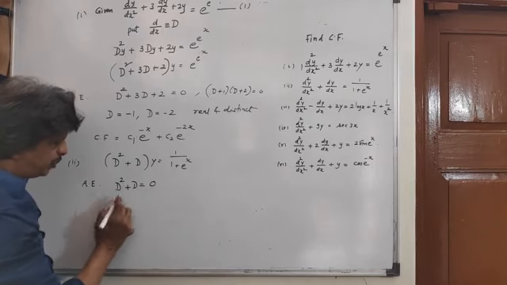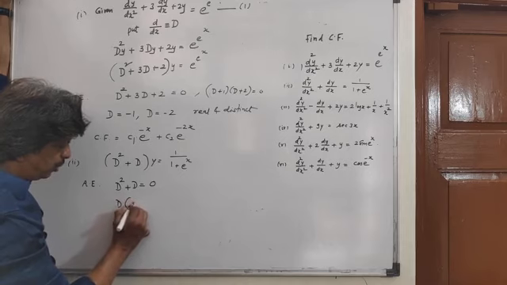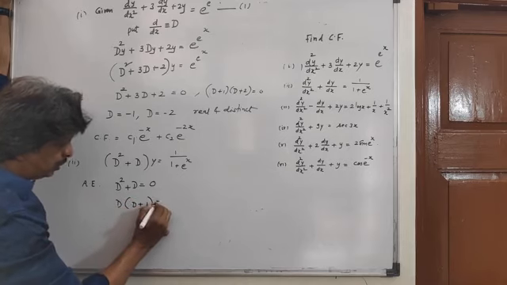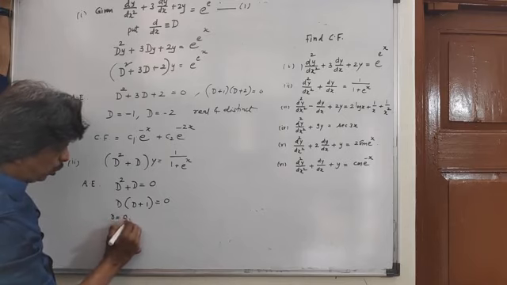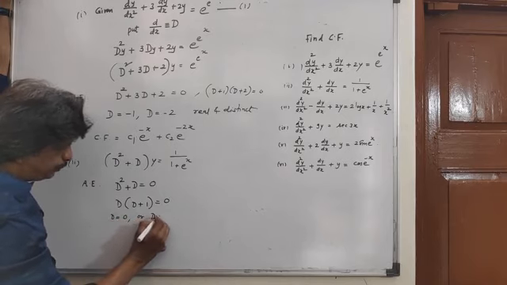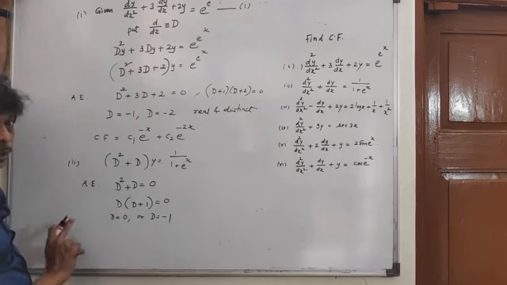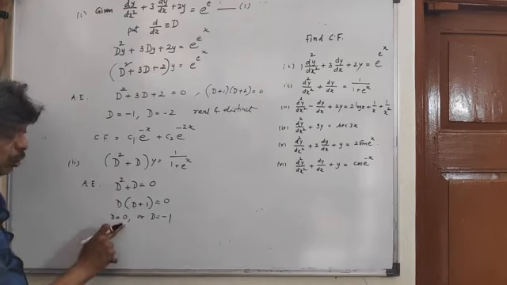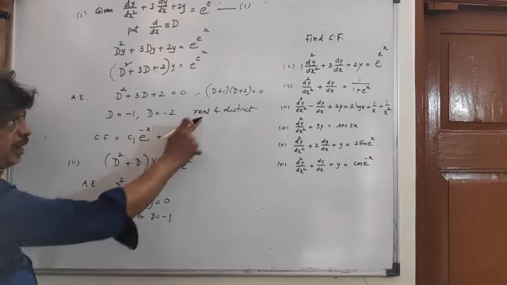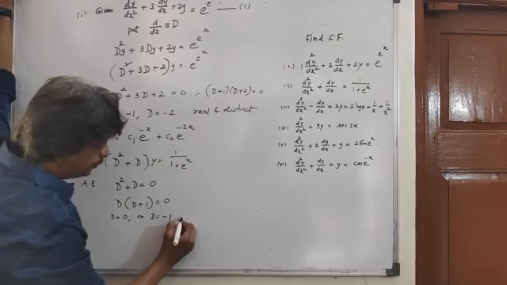D is common here, so it is D(D + 1). So either D = 0 or D = -1. These are the two different roots of this quadratic equation. 0 is not equal to minus 1. Again, real and distinct roots.